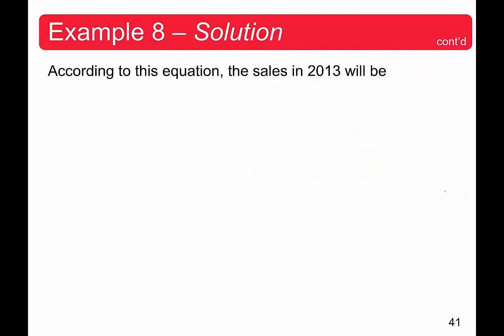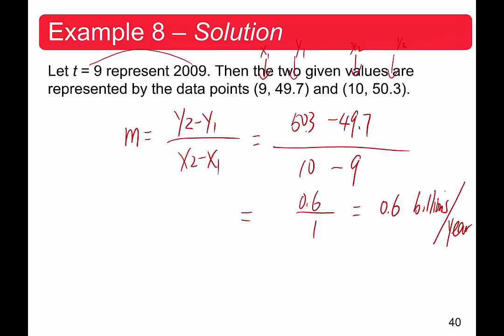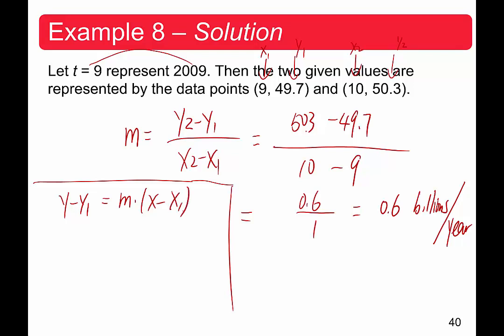So now once we have this, let's come up with the equation of the line. Using the point slope formula, y minus y1 equal to slope times x minus x1. I'm just plugging in the numbers. So y minus 49.7, slope is 0.6, x minus 9. Distribute and combine like terms.